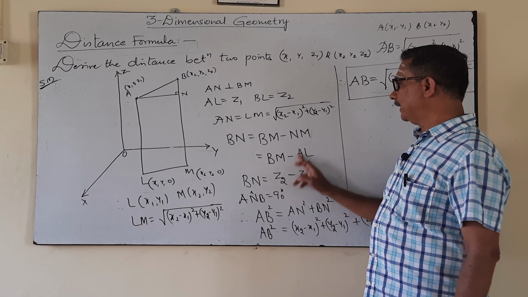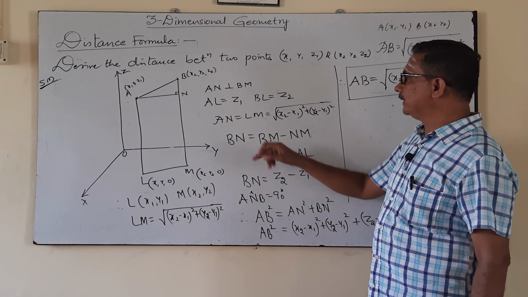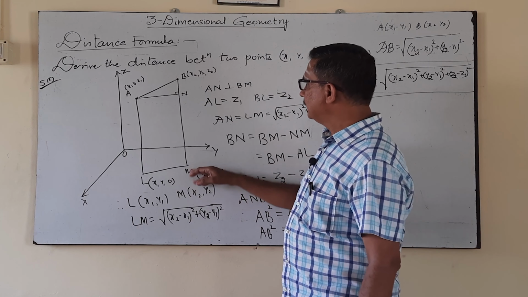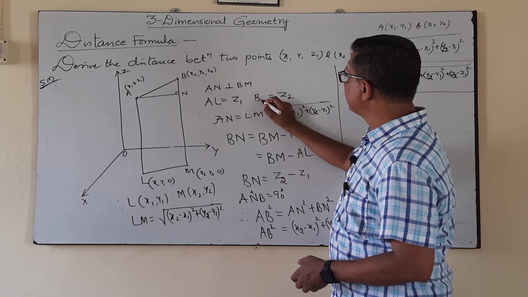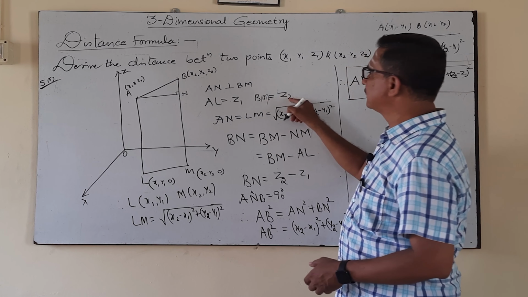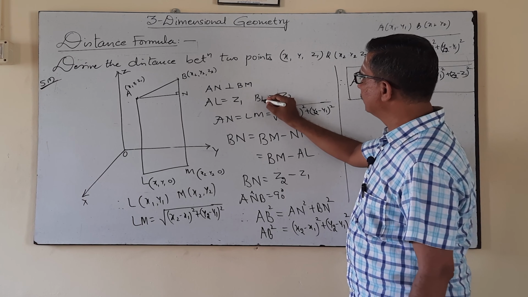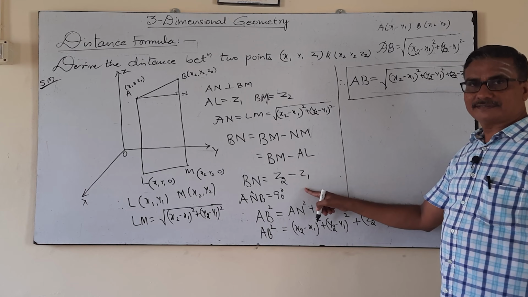That is BM minus AL. So therefore BN is equal to BM length. BM lies on which axis? Z axis. So BM length is Z2, minus AL length is Z1.